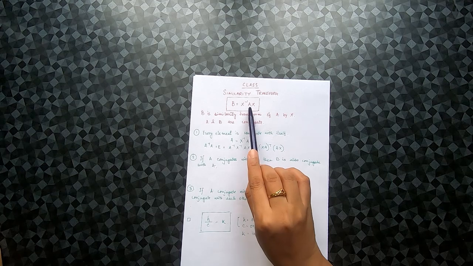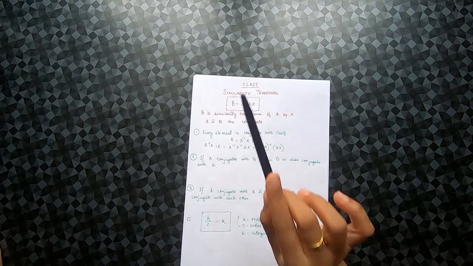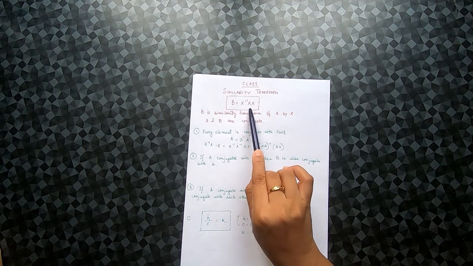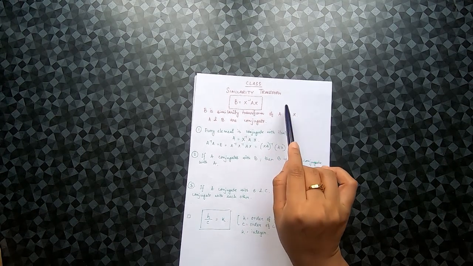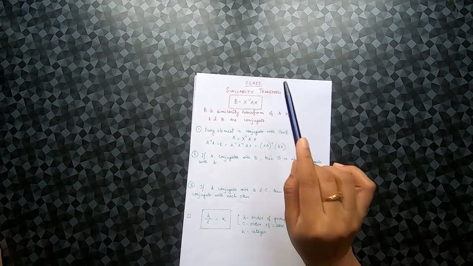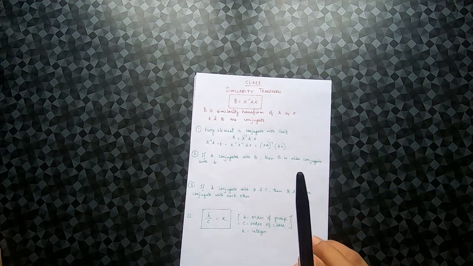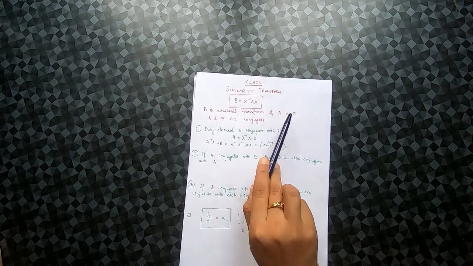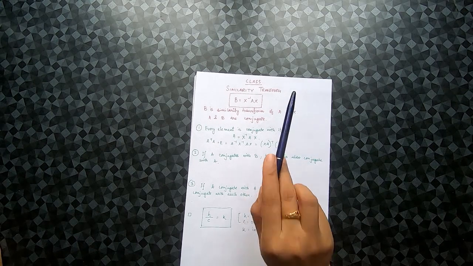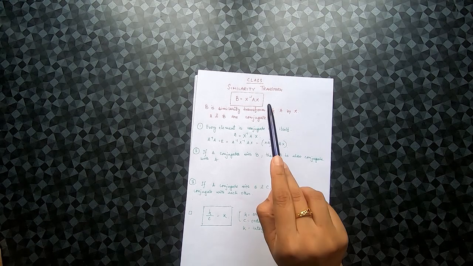If A and X are two elements of a group, then X inverse A X equals B, which is also an element in that group. Then B is the similarity transform of A by X, and A and B are conjugate to each other.